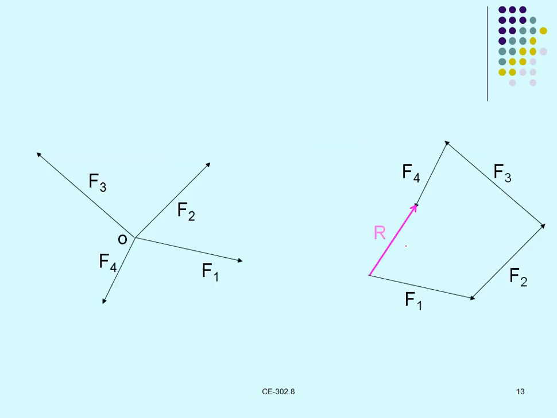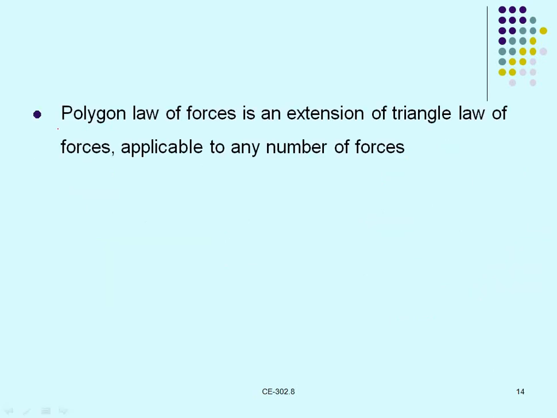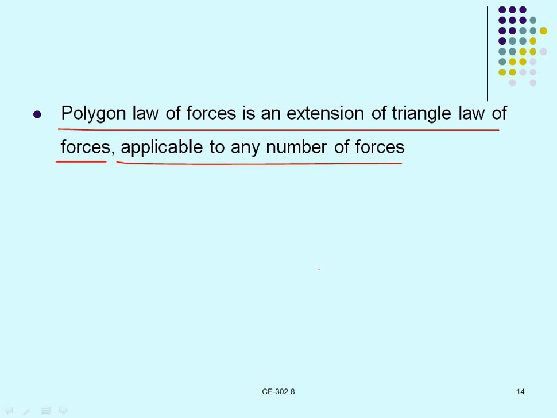Here we can see this is the R, the remaining force. From the point of concurrence, these forces will be acting in different directions. So the Polygon Law of Forces is an extension of the Triangle Law of Forces, applicable to any number of forces.